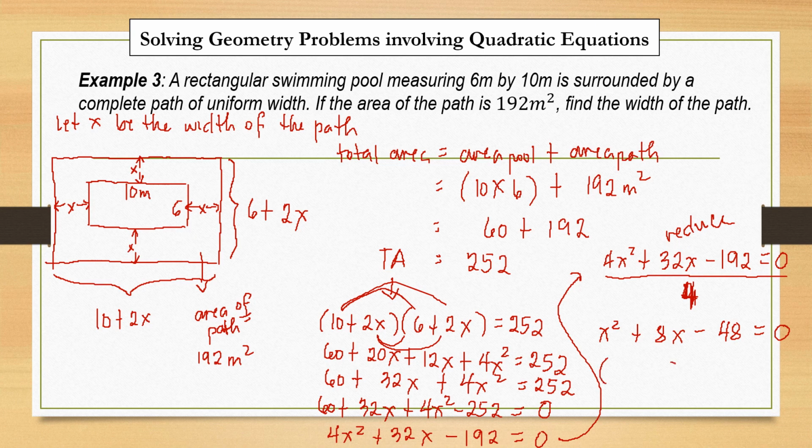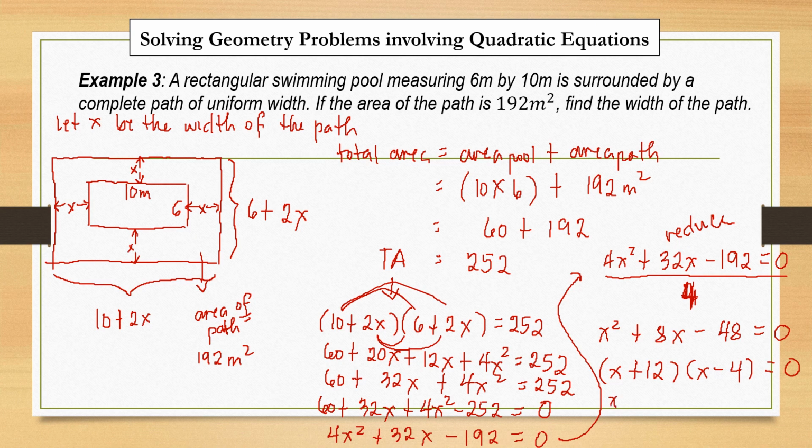Let us solve by factoring. So we have x plus or minus, what are the factors of negative 48 that will give us positive 8 when added? That would be positive 12 and negative 4.